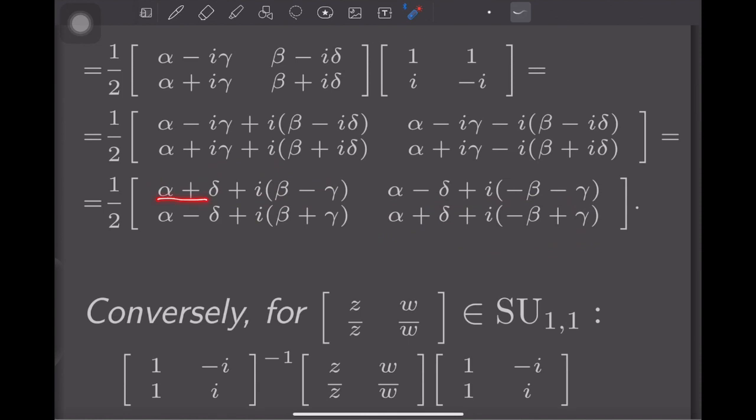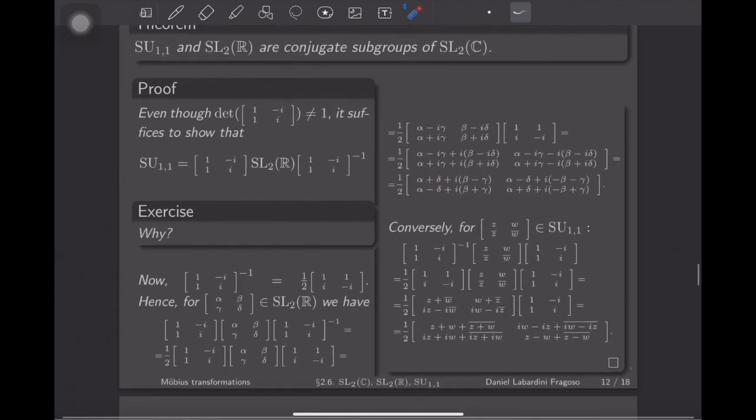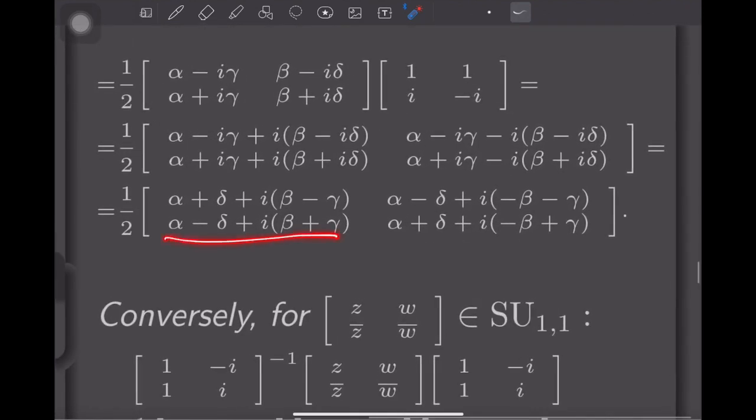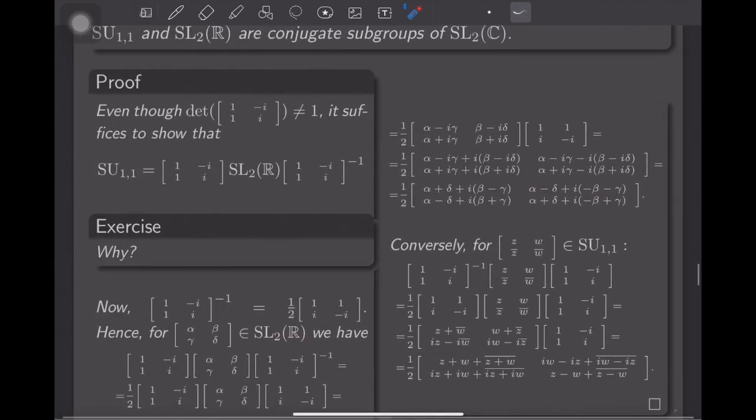So it's alpha plus delta plus I this. Here's alpha plus delta plus I minus this, right? So indeed, these two are conjugate because I started with a matrix with real entries. Similarly, this one and this one are conjugate, alpha minus delta plus I this, alpha minus delta plus I minus this. And one computes the determinant.